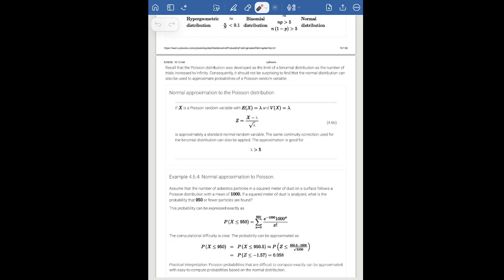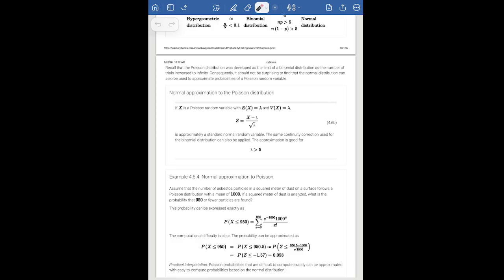Actually, it's even better than just approximately normal, because normal would mean that we don't necessarily know the mean and the variance. But if you have a standard normal, then we know that the mean is 0 and the standard deviation is 1.